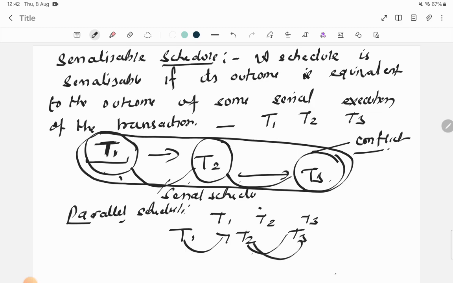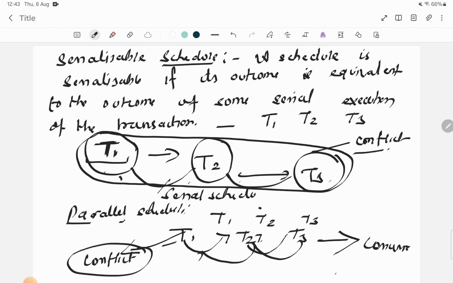After that we can again come to T2 and again come to T1. It means that these transactions are interleaved and occurring at the same time, a mixed type of transactions. So this will lead to concurrency, because at the same time we are performing all three transactions, but there is an issue with this, which is called conflict.